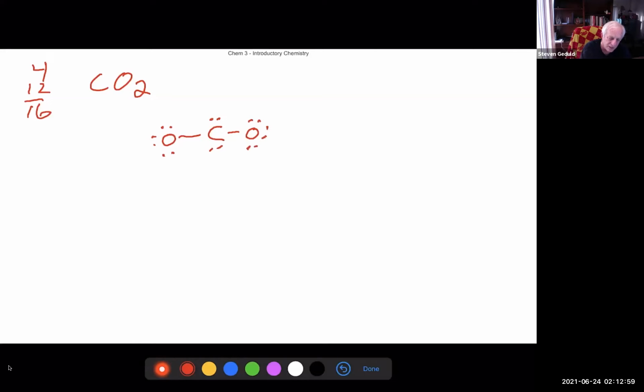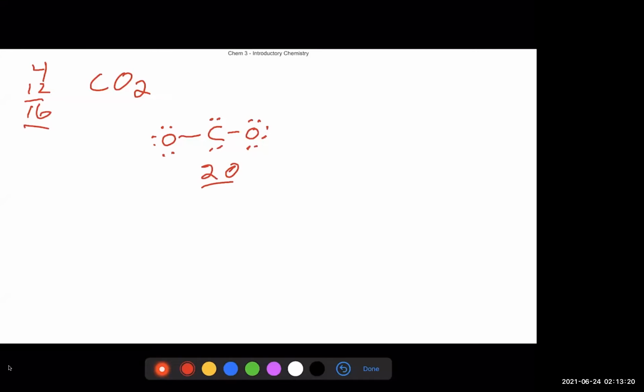There's 2, 4, 6, and then 2 in the bond, so everything has 8 around it. So how many valence electrons do we have there? Count all the dots first. 2, 4, 6, 8, 10, 12, 14, 16. And there are 2 in each line, 18, so we have 20. Does 20 equal 16? Someone should say no. No, because it doesn't, right?